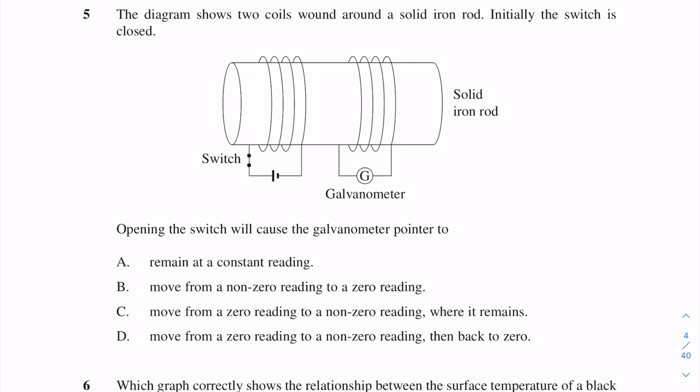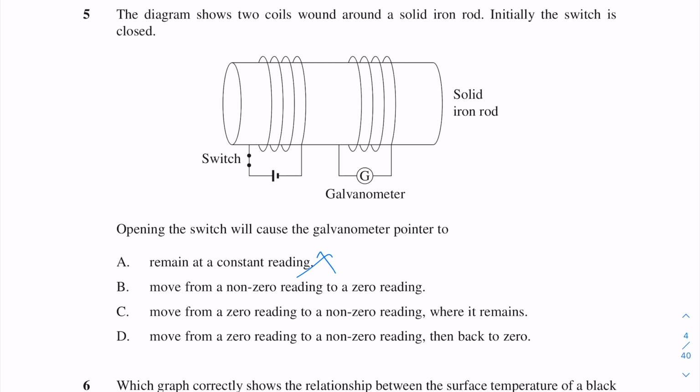So, when the switch is opened, there is a change in flux because this magnetic field, created because it's a solenoid, diminishes, it goes to zero. And therefore, there should be a quick change in the reading as a current is created in this solenoid.